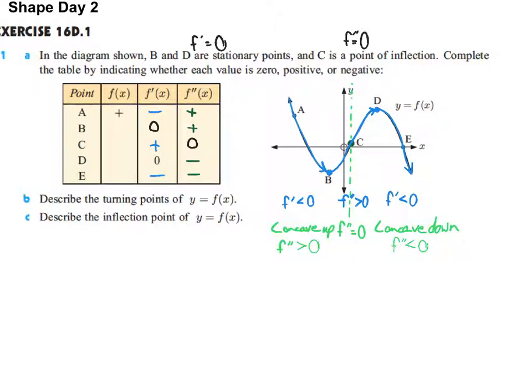When we're talking about our function being positive, negative, or 0, we're looking at its location: above, below, or on the x-axis. So at A, the function is positive. At B, the function is negative. At C, the function is positive. At D and E, the function is 0. Yeah, there we go.